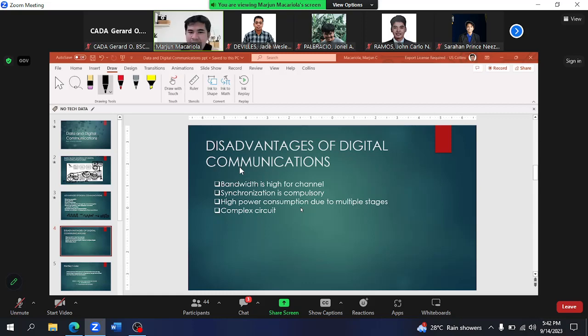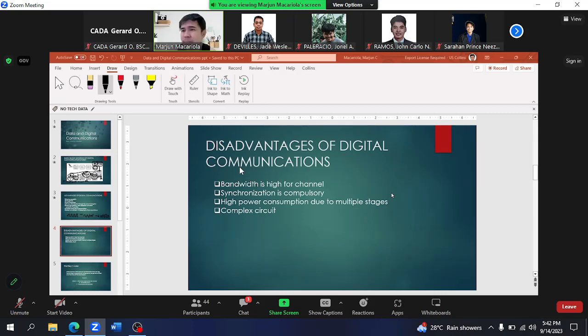Okay? Next, high power consumption due to multiple stages. Okay. So, as you can see, doon sa pinakita kong block diagram ng digital communication, there are multiple stages, okay? So making the electrical circuit and the electrical design of a digital communication system bulky, thus it consumes high power, okay?